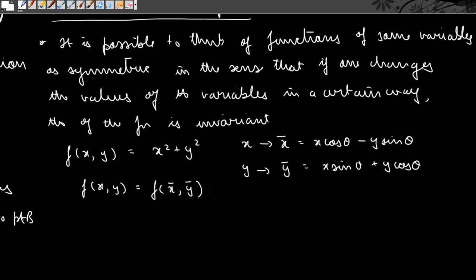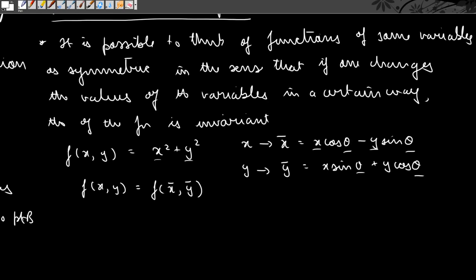Okay, so if you substitute the same values for x and y in this and take any value of theta, you will see that the value of the function remains the same no matter what theta you choose.